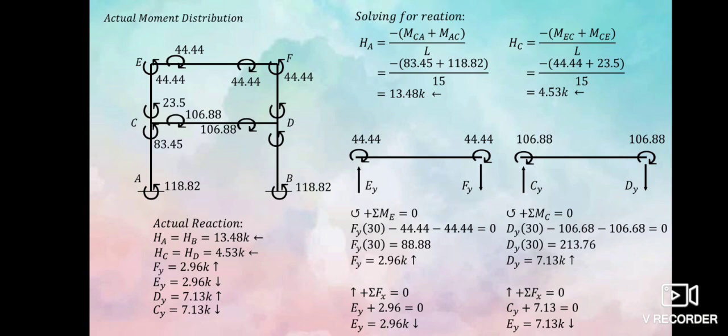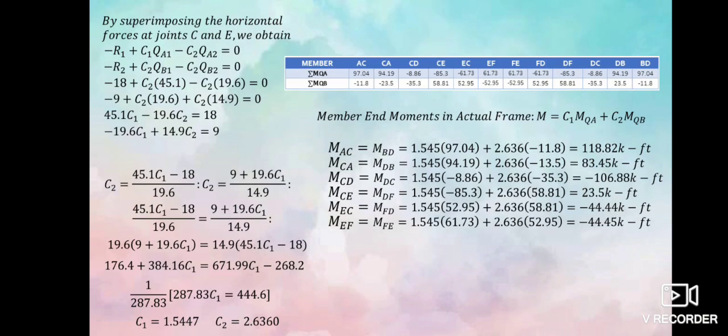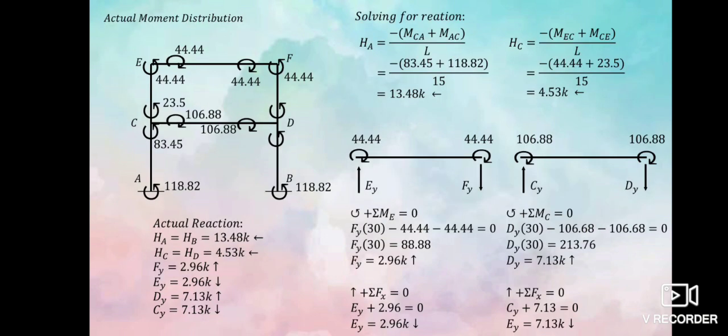You already have your MCA, which is 118.82, and negative 83.45 plus 118.82 over 15, your length, you'll be getting 13.48k.